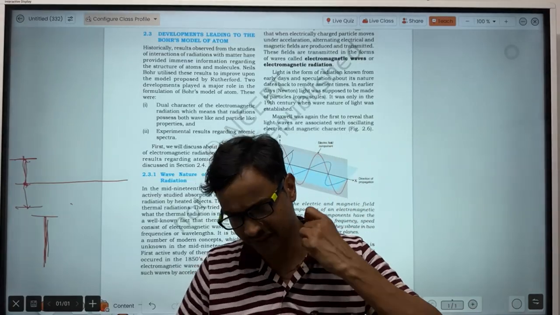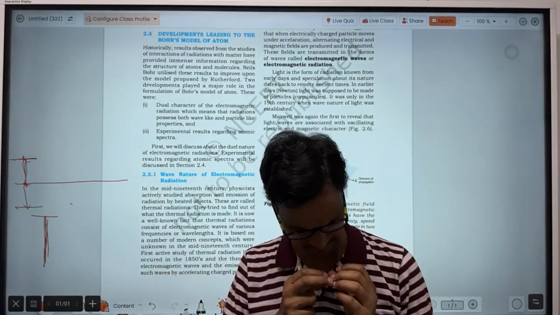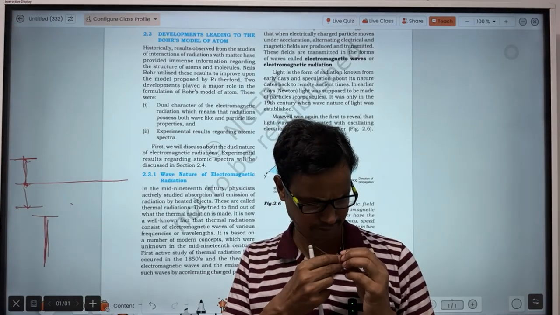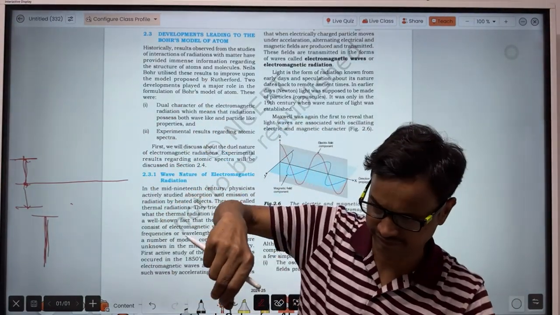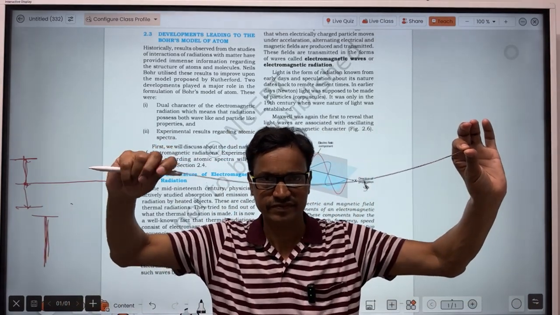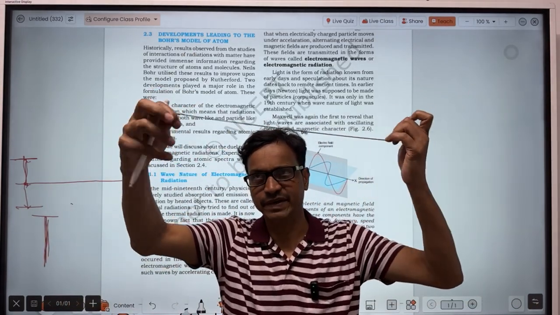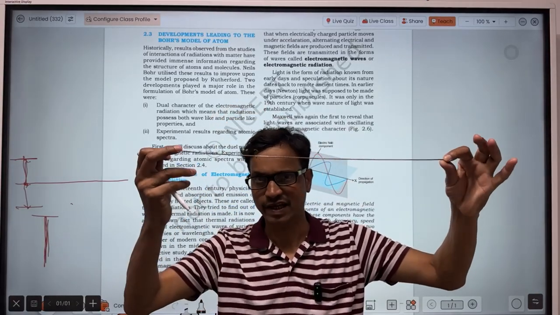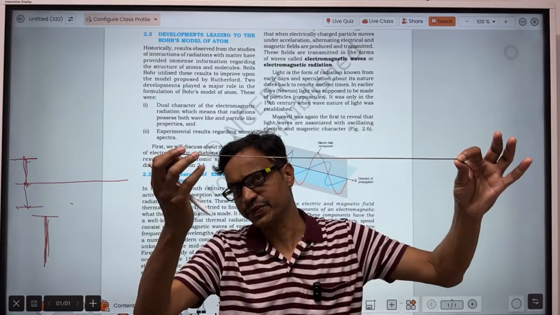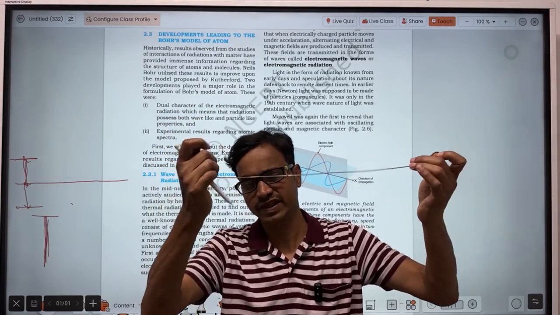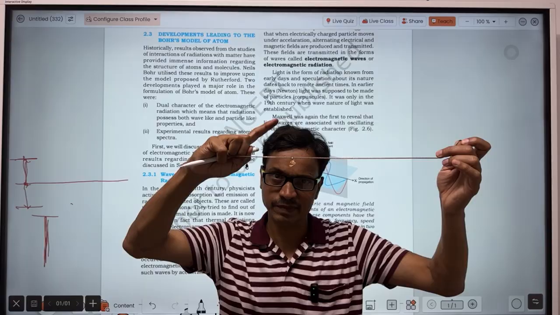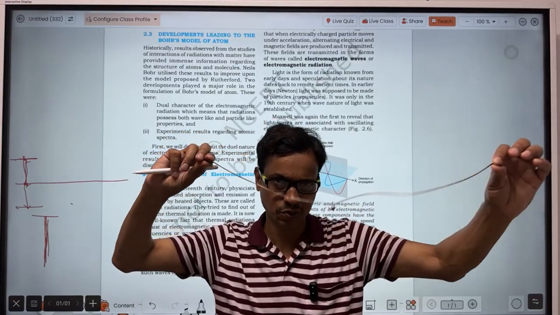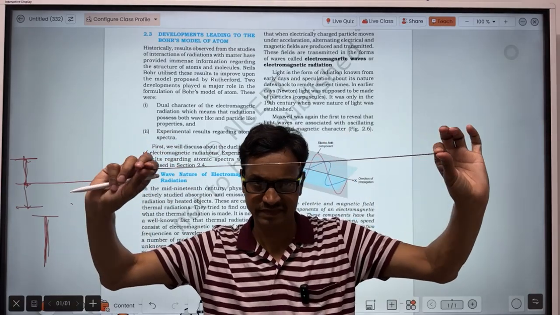Like that, in a string. When you jerk this string, what happens? This particle goes above and below, and the same with the nearby particle, and the next. In this way, the wave will propagate from this point to this point to this point.